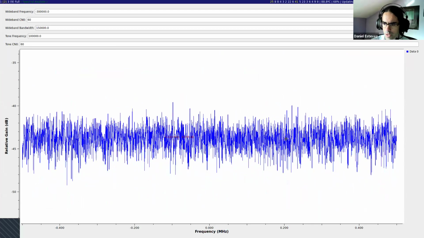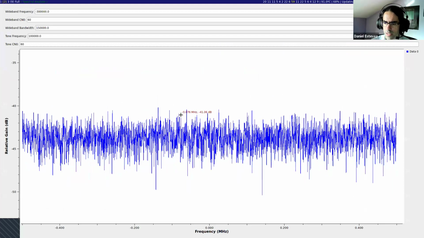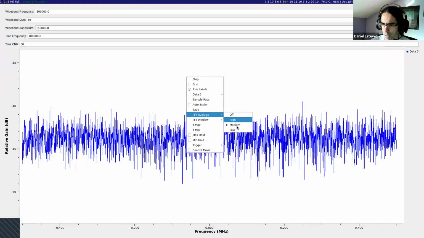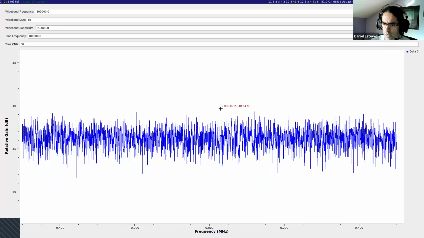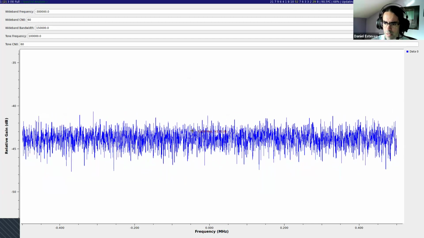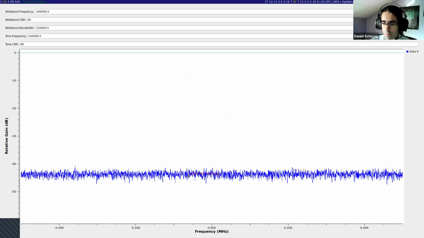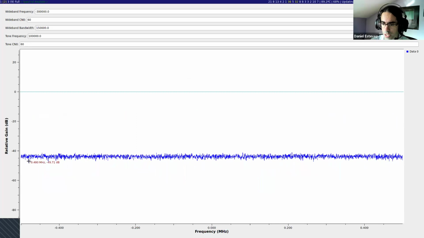So the average power is where you can more or less see it should be. There is an FFT averaging, which I already have set on medium. I can set it on high, and it helps a little bit. So this is noise, basically. You can see it's random, it's constantly changing, but it's flat, and it has a given average power.